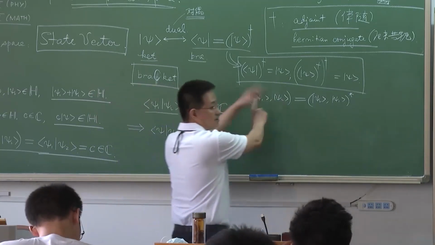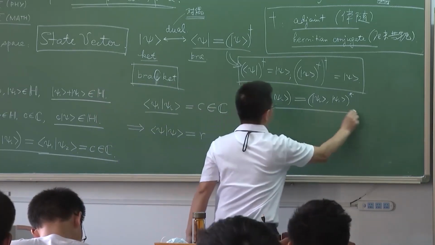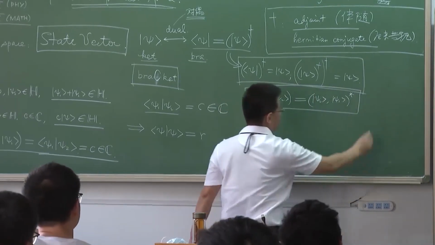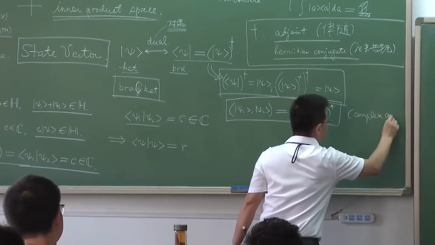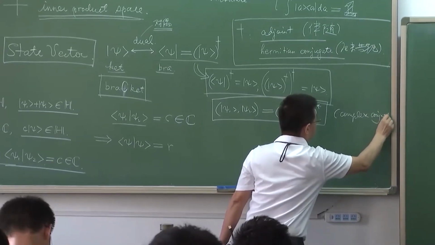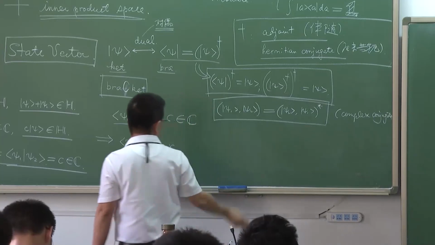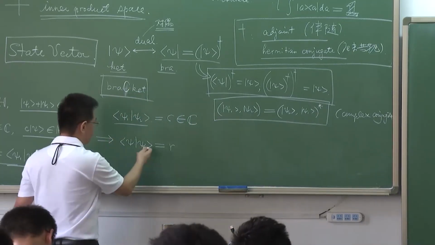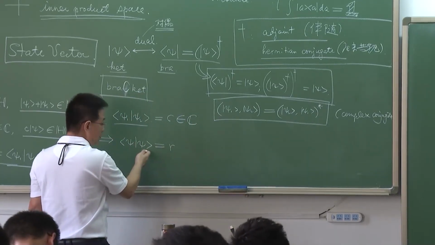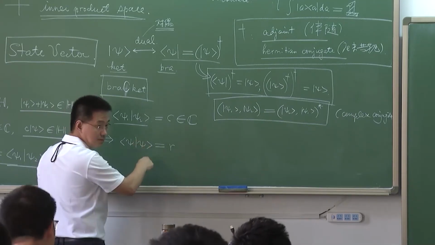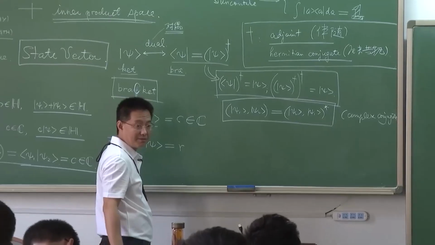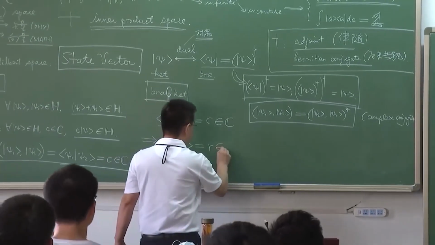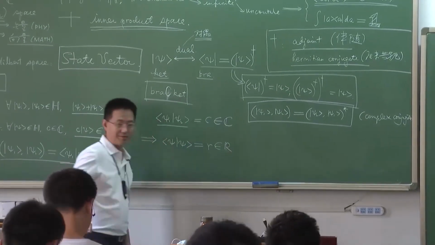If you change the position of the two vectors, you get the complex conjugate. So from this, you can find that R equals R star. So what does it mean? That means R belongs to the real numbers.